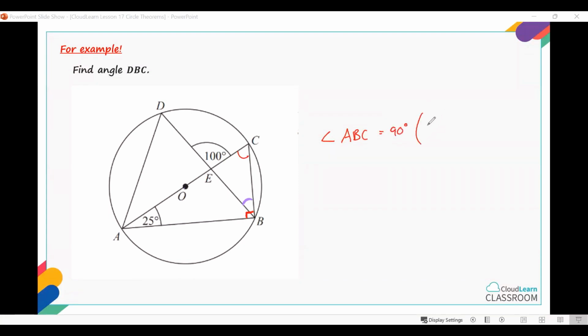And I could write there angle in a semicircle equals 90 degrees. Sorry, yes, if you're using that circle theorem, the key words that you need for your reasons are angle, semicircle, and 90 degrees, okay? Or angle, semicircle, and right angle. So you would need to write that down. You've got 1 mark there, you've got 1 mark there.